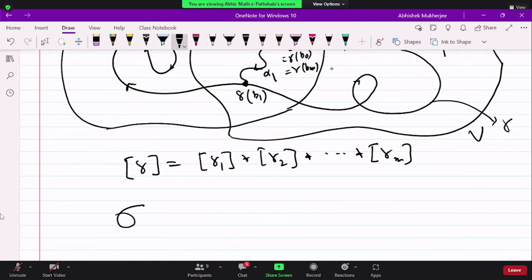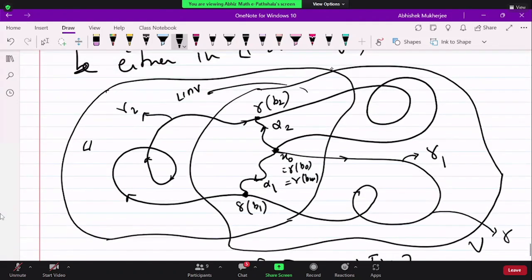Let us take sigma 1. Here alpha naught is the constant path at X naught, and the end path alpha m will be the constant path at X naught.